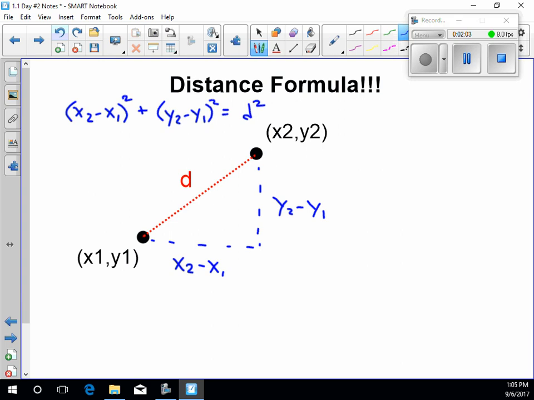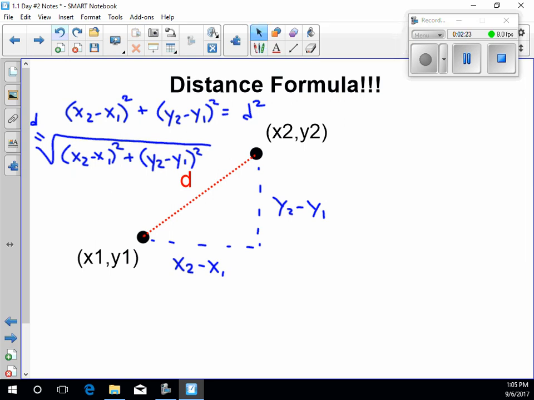And if I take the square root of that, does this look familiar? That's going to equal our distance formula. That's where it's derived from. Cool. All right, let's continue.